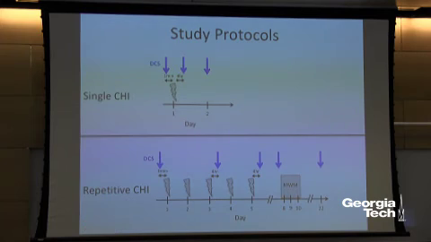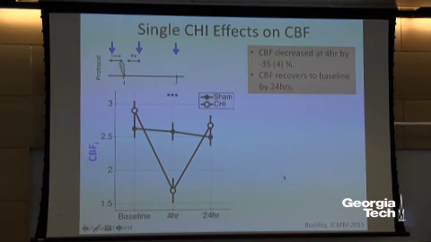Then we had our repetitive injury model, at 5 hits spaced once daily. We measured at a sampling of time points along this injury progression: baseline, after the 3rd injury, after the 5th injury, and then 72 hours and 2 weeks later. And we did Morris water maze testing at the 72-hour time point.